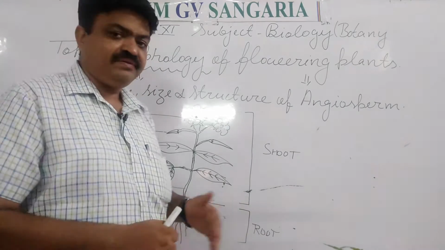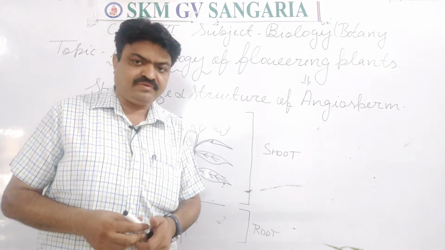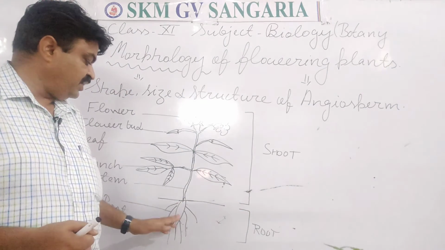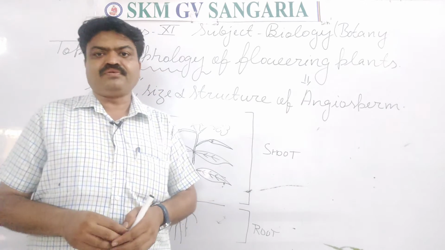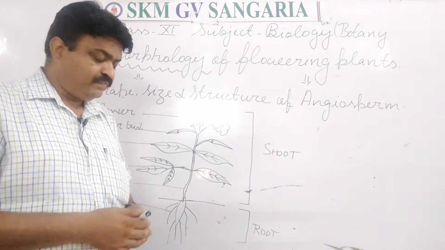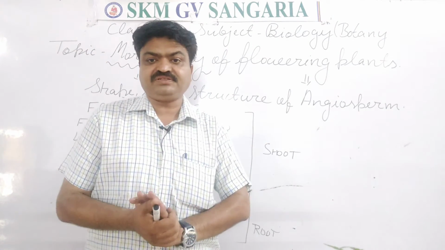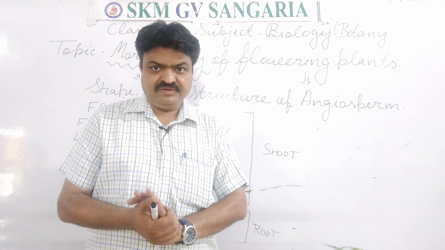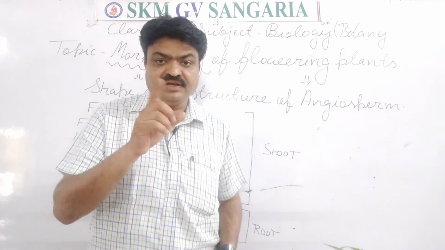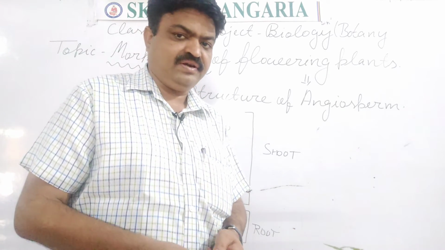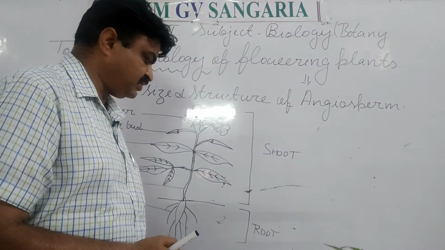But in the dicot flowering plants, the taproot is found. Those taproots have a thick and fleshy structure, and they also have hair-like structures known as root hair.